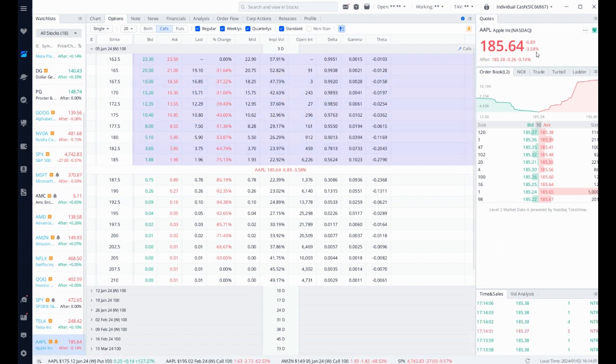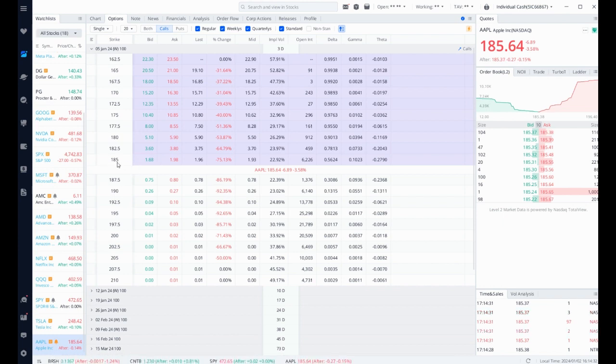The stock market is closed right now, but Apple closed at 185.64. So say I believe by tomorrow or by Friday that the stock will continue to go up, right? The farther out of the money, the cheaper it is. The closer to the price, the more expensive it is.